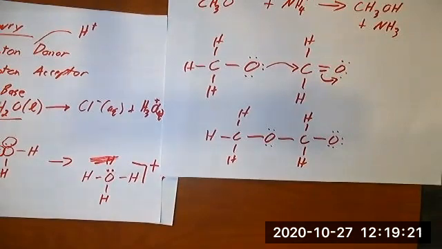So, as I mentioned, we are going to primarily in this class focus on the Bronsted-Lowry definition, but keeping in mind the Lewis acid-base definition for future studies, for once you get into organic chemistry, is a very useful thing to do.